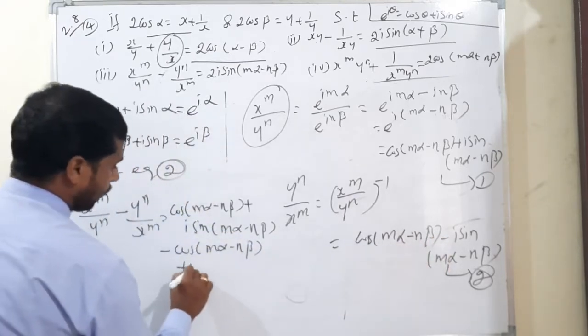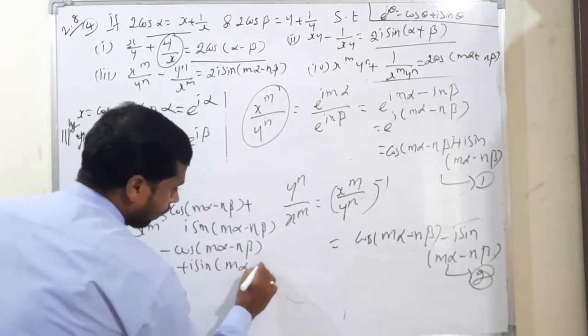Already the minus is there, therefore plus i sin(m alpha - n beta).